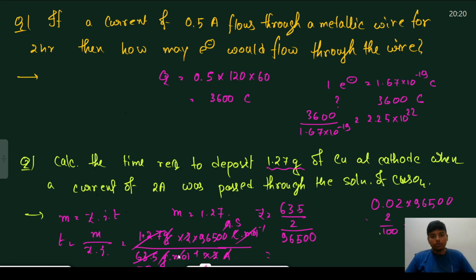Multiply with 2 and you will get this value, 1930. Okay, so this value you will get. Clear or not?